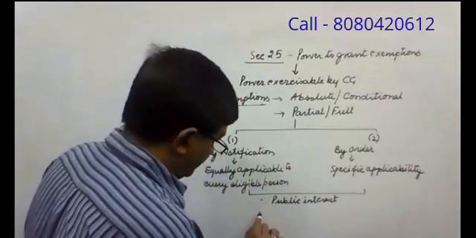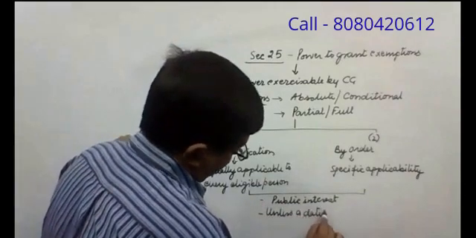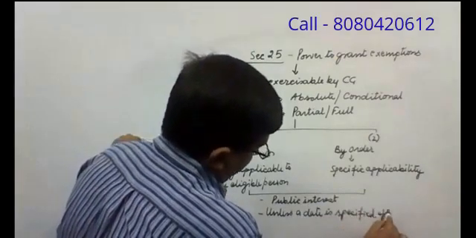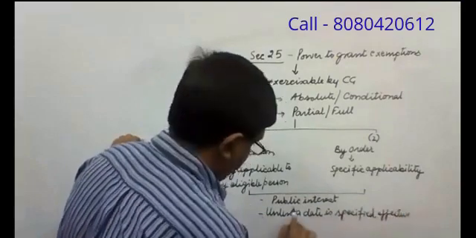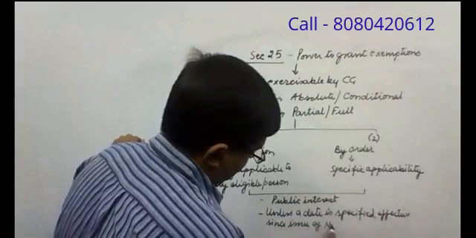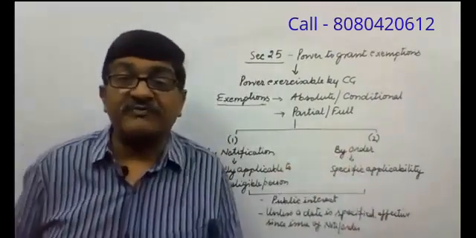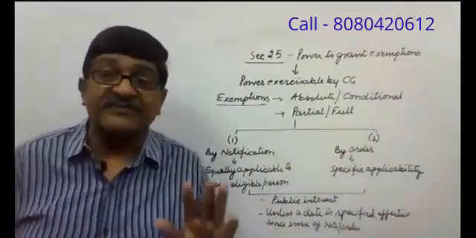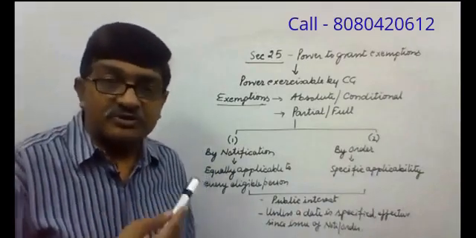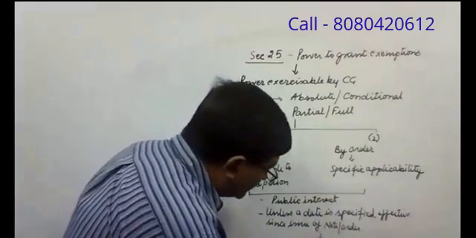And then, from which date the notification is effective: unless a date is specified therein, it is effective from the date on which the notification or order is issued. Right.